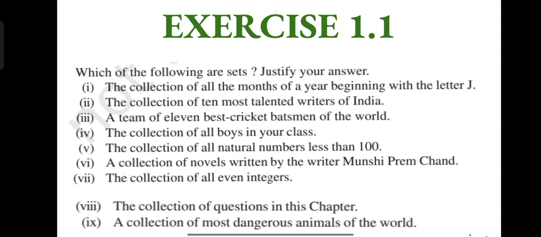A collection of all months in the year beginning with the letter J. So we have to write all the months in a year, from January to December, but they should start with the letter J. Which months come in the set? January, June, July, isn't it?